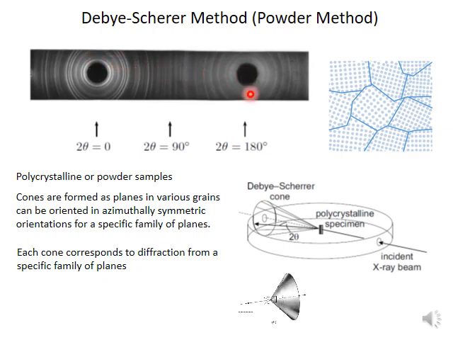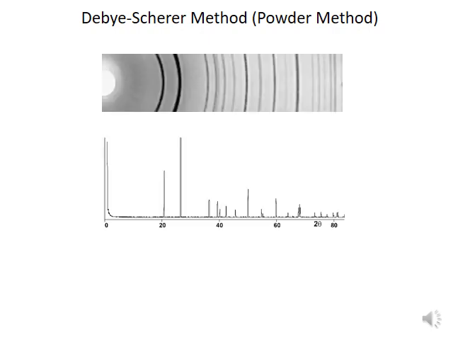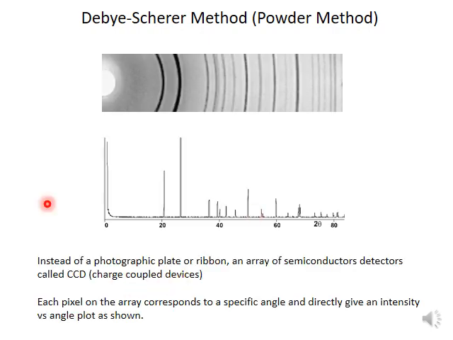So in modern experiments, you don't have a photographic plate, but rather an array of detectors aligned in a circle, charge coupled devices or CCD devices, which you also have in your camera.